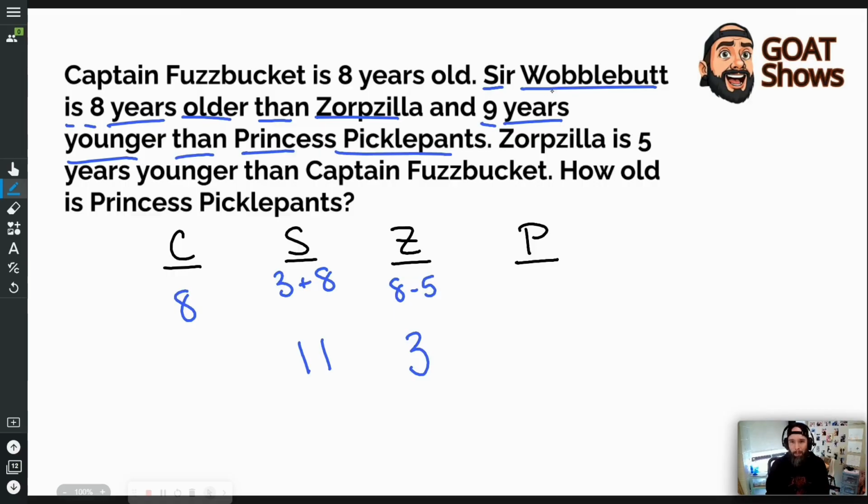So Princess Picklepants is 9 years older than Sir Wobblebutt. Sir Wobblebutt is 11. Princess Picklepants is 9 years older than that, making her 20. How old is Princess Picklepants? Well, she's 20 years young.